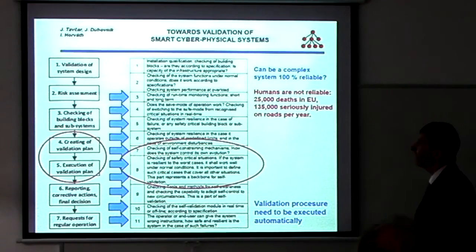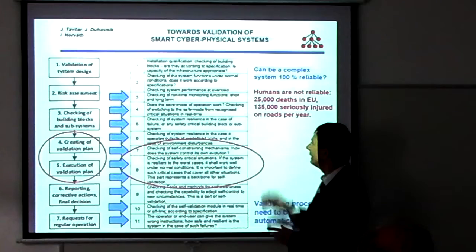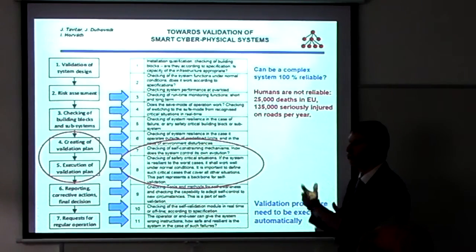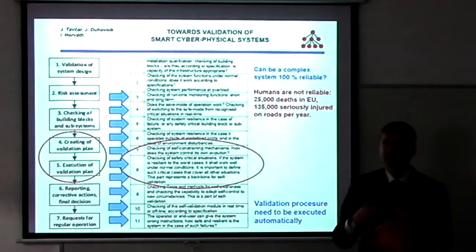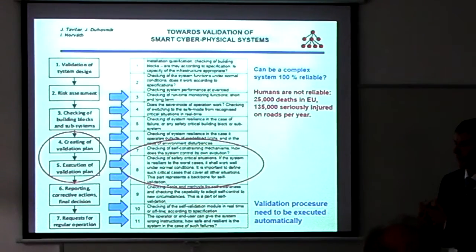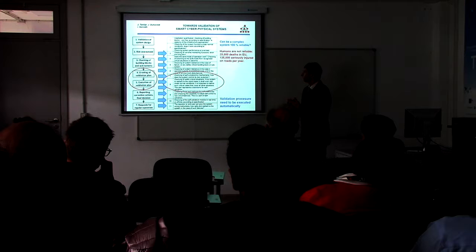A few things about the execution of validation. Again, we will not go through all the details, but we need to plan and execute whether this self-constraining mechanism works. So, do we have a perfect system?